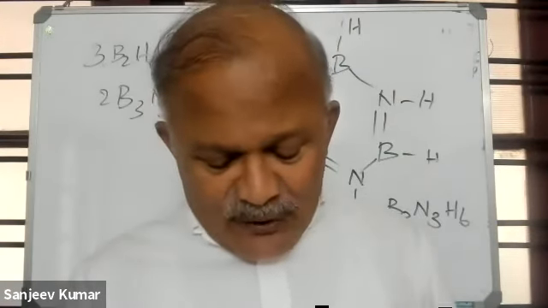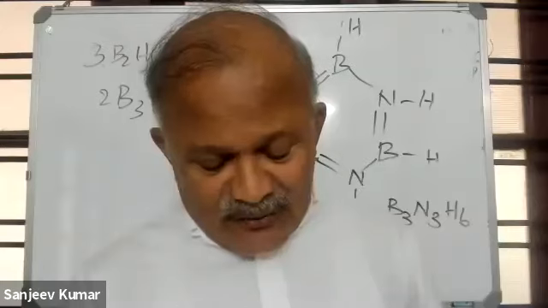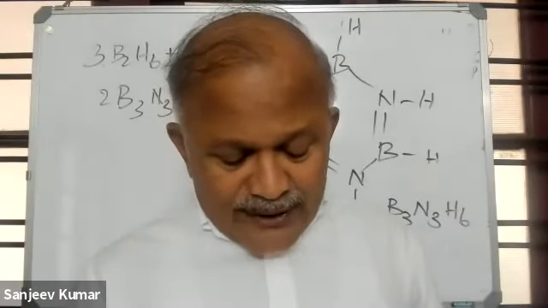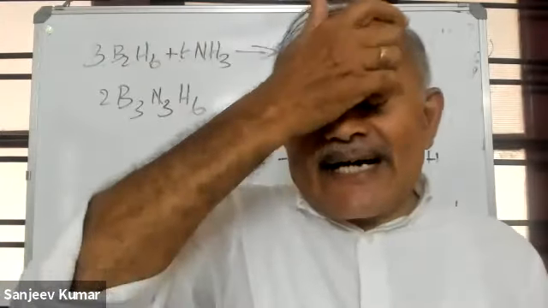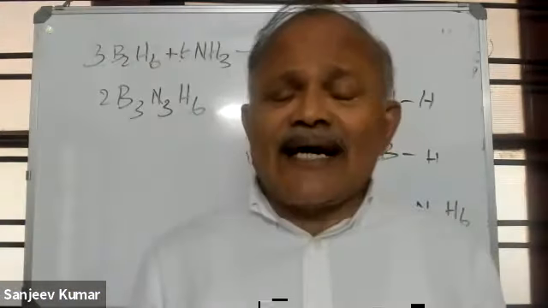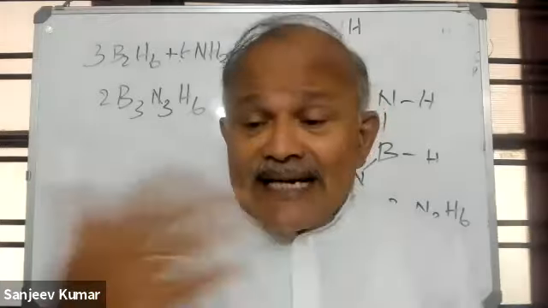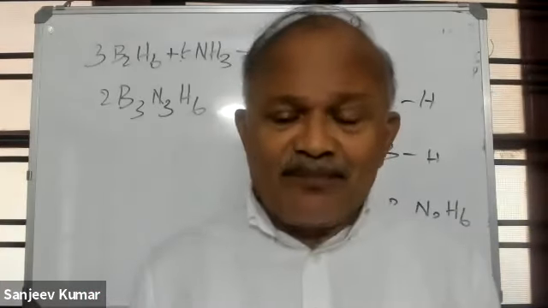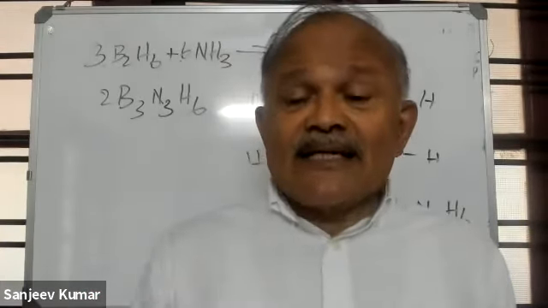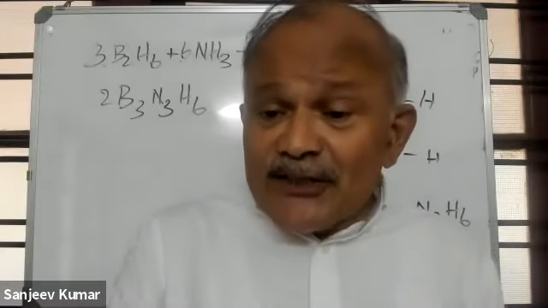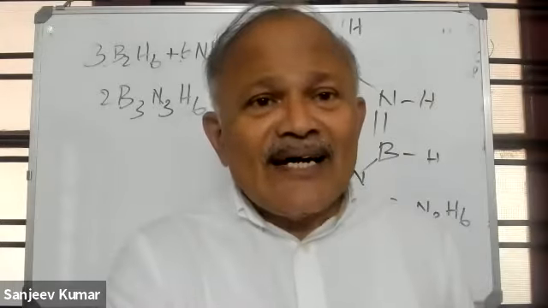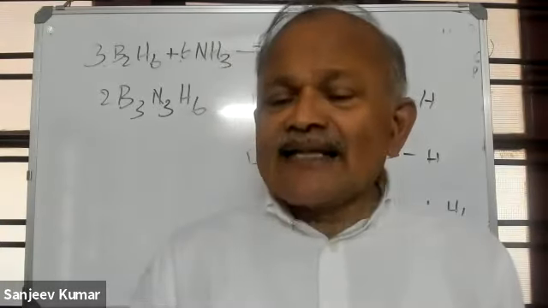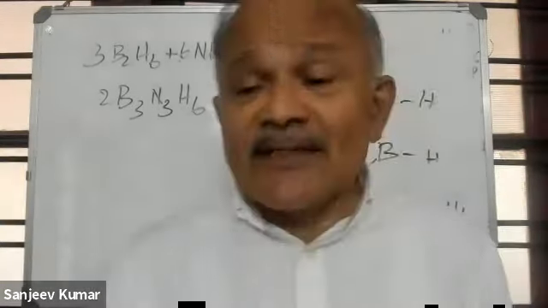Arrange CCl4, AlCl3, PCl5 and SiCl4 according to ease of hydrolysis. Carbon tetrachloride is not hydrolyzed, but silicon tetrachloride is hydrolyzed. Why? Because in carbon tetrachloride, carbon has no vacant d orbital. Water molecules cannot attach, and therefore CCl4 is not hydrolyzed.